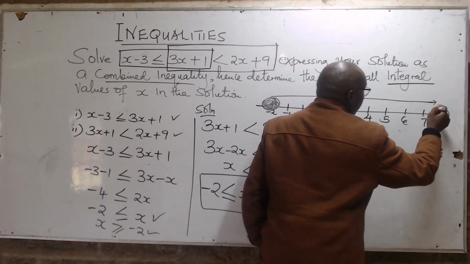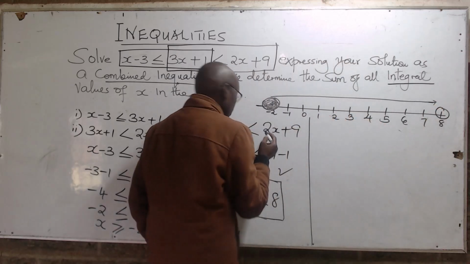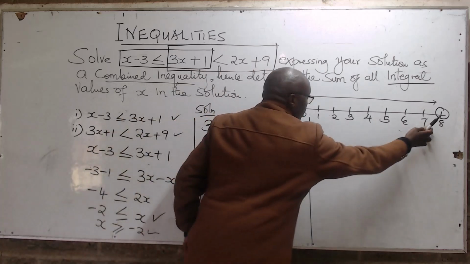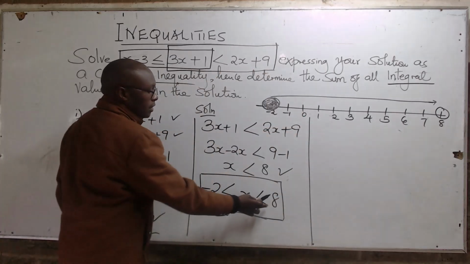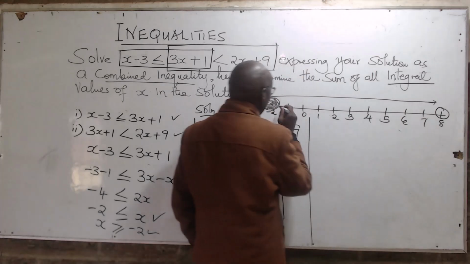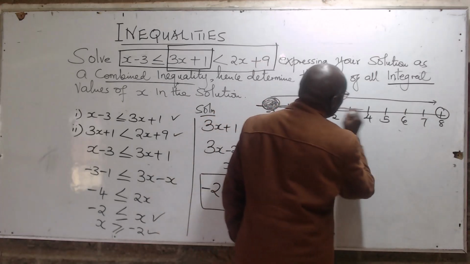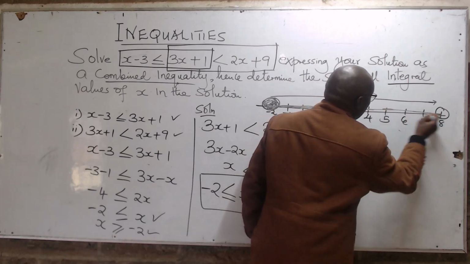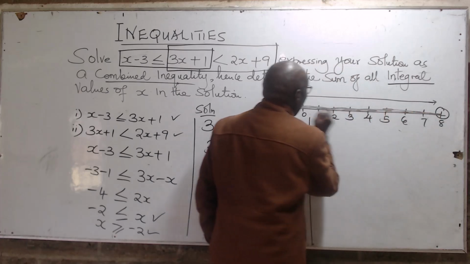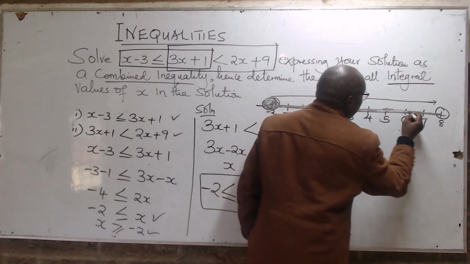You shade to the left for x less than 8. So we need these values that are in between here.